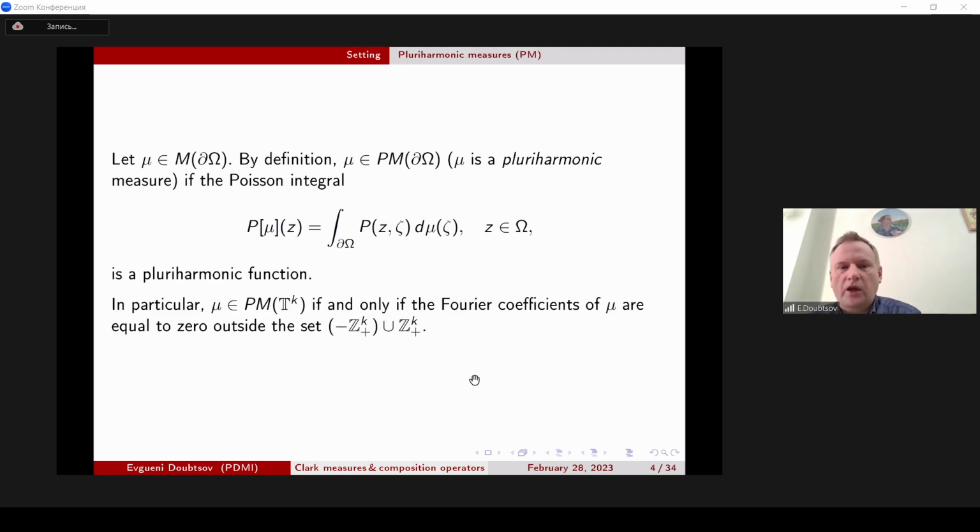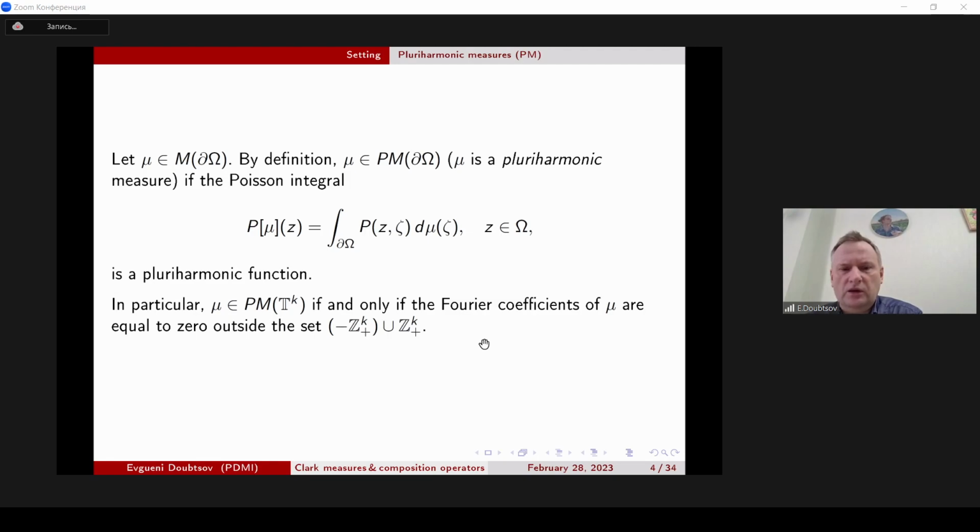Also, in the case of the polydisk, we do have classical Fourier coefficients, not on the circle, but on the torus of dimension k. And in this case, it's straightforward to write down the restriction in terms of the Fourier coefficients.